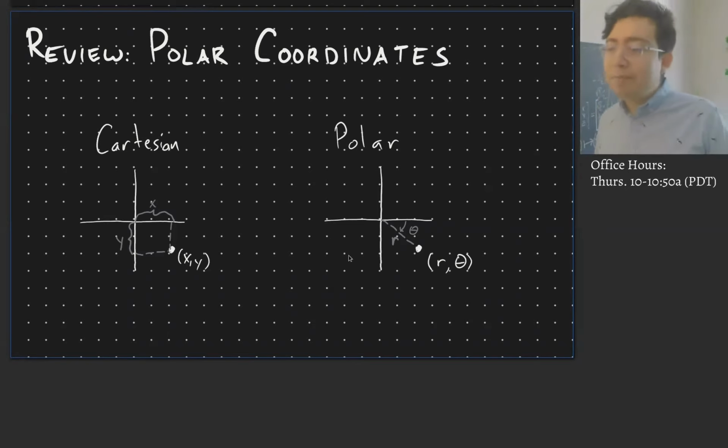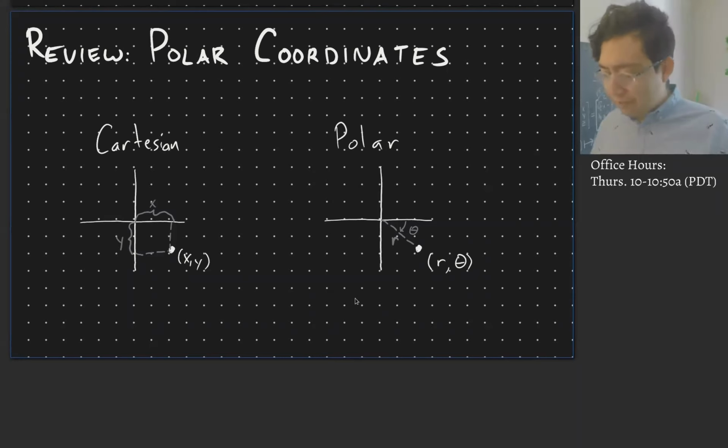The same point in Cartesian coordinates is going to look different in polar coordinates, in terms of the pair of numbers you use. But if you plot them based on what the numbers represent, you get the same point in space, okay? Simple enough, but we also want to be able to go back and forth between them.